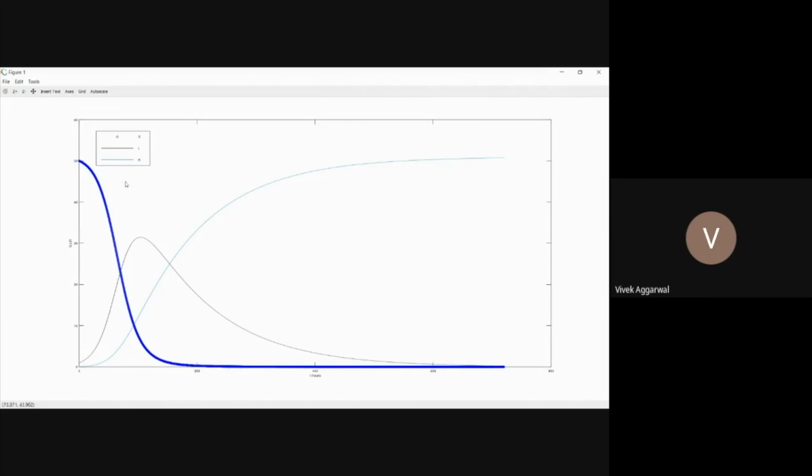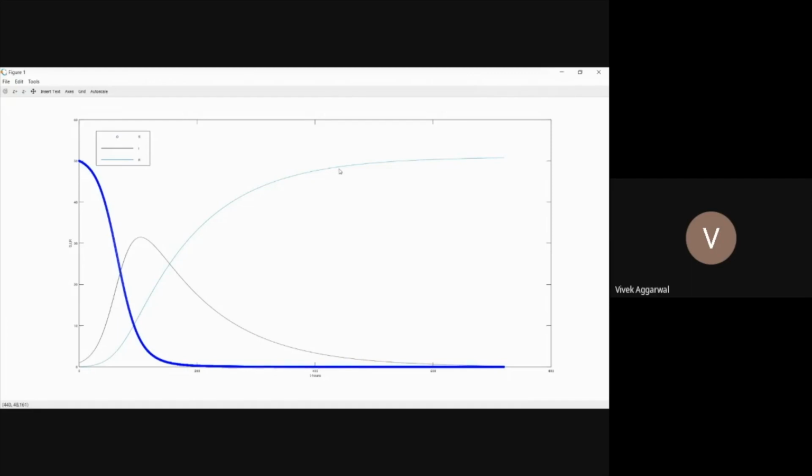So in that case you can see the R, that is the light blue. You can see that the recovered one also starts increasing, and keeps increasing as time marches. So in this case we can say that almost all the people have recovered after maybe 300 hours or 400 hours.